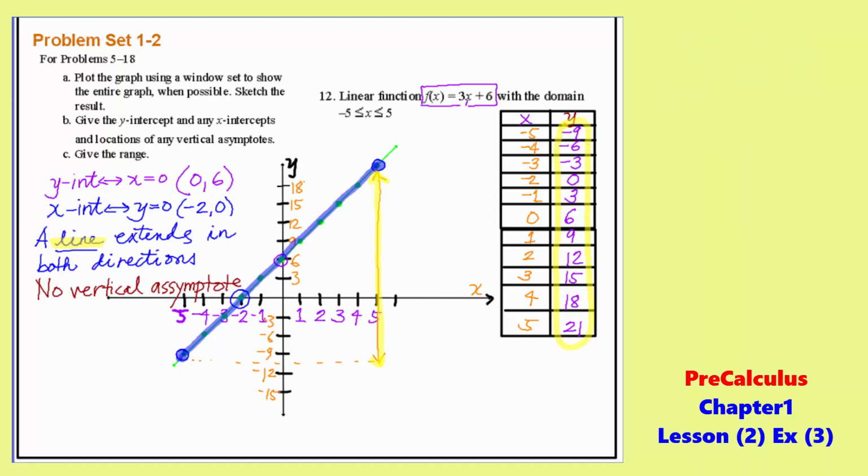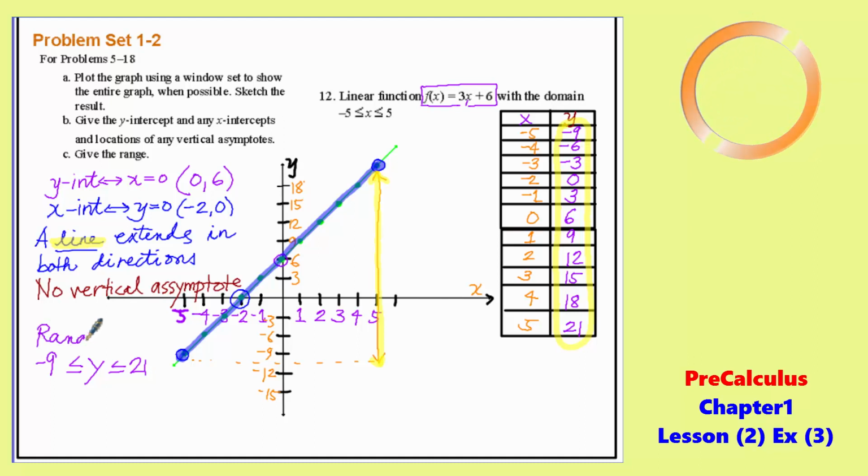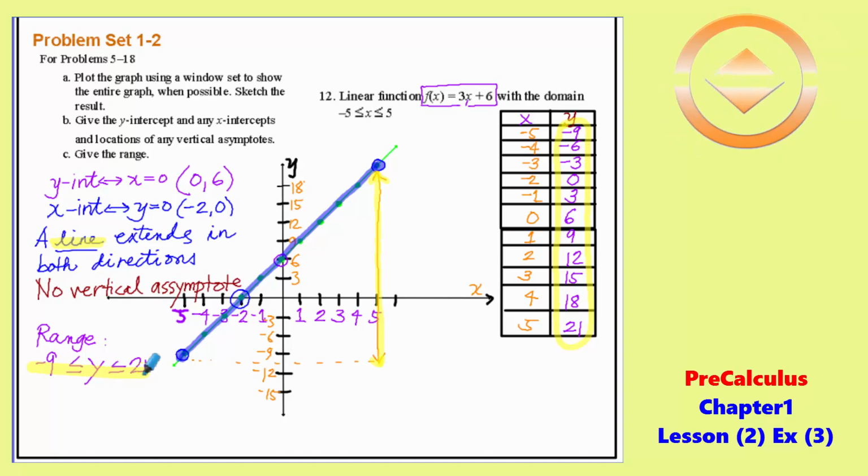Our range is equal to y in between the values: for x equals -5, the value of y is equal to -9, and for x equal to 5, the value is equal to 21. So this is our range. Okay, so now we have completely solved the problem.